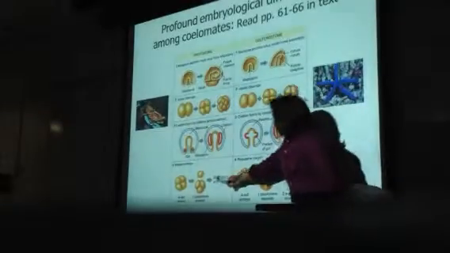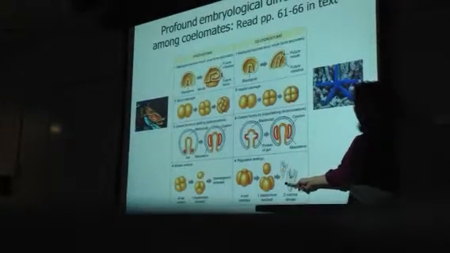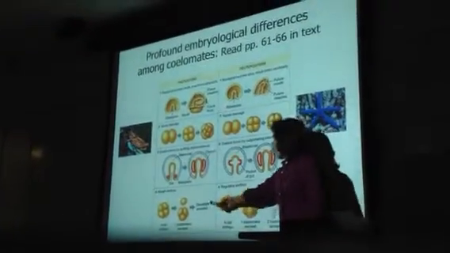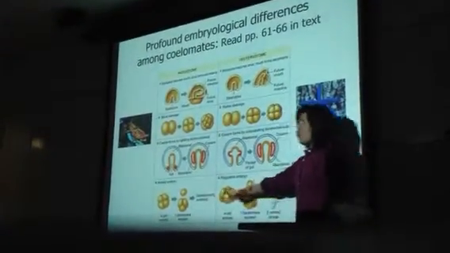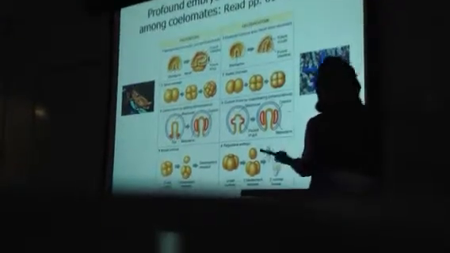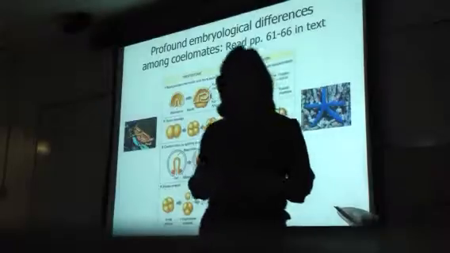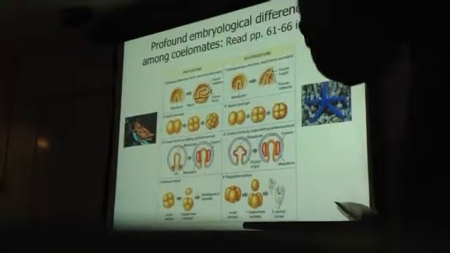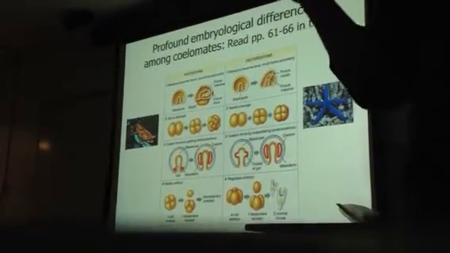And then there's some differences down here in number 4 in the determination of cell fates. That is, when does a cell in a developing embryo receive the information to differentiate into a muscle cell, a heart cell, a brain cell, a nerve cell?